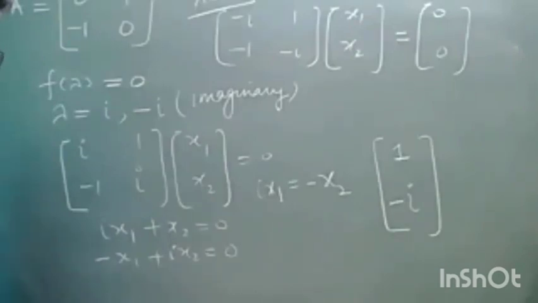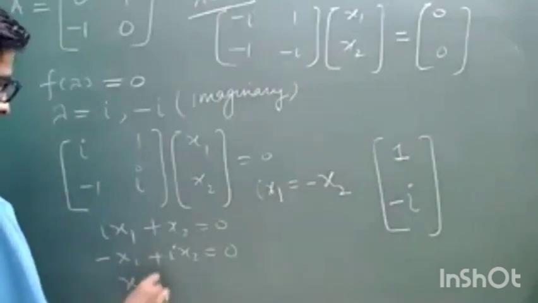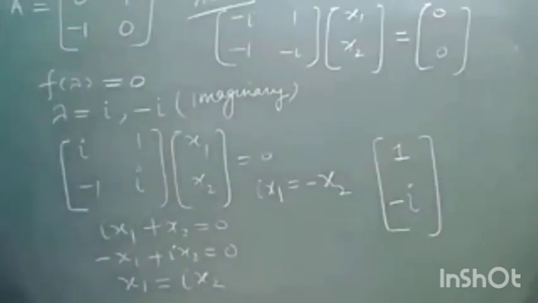Sir, if we consider the second equation, we will get another vector, no, sir? The second equation is the same, na? Both equations are the same. But x1 is equal to iota x2 will come, no, sir? So those two things are the same, not different. Okay, sir.